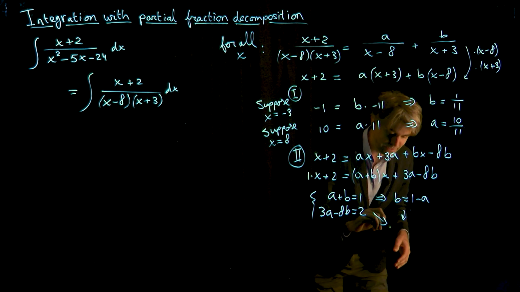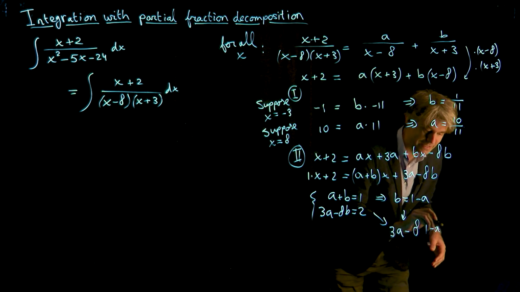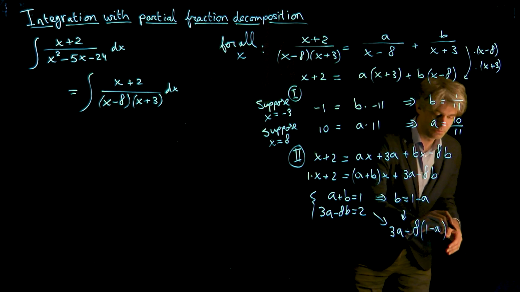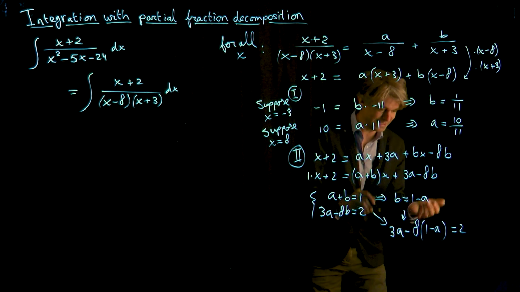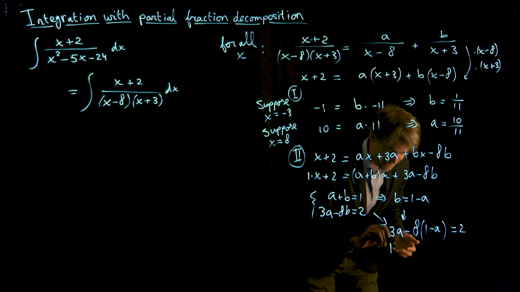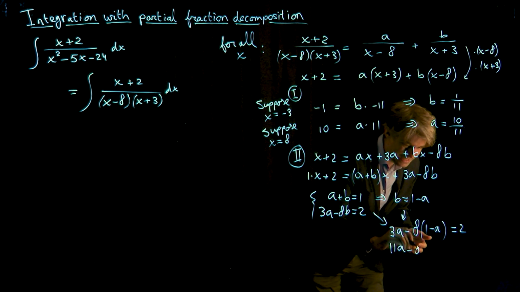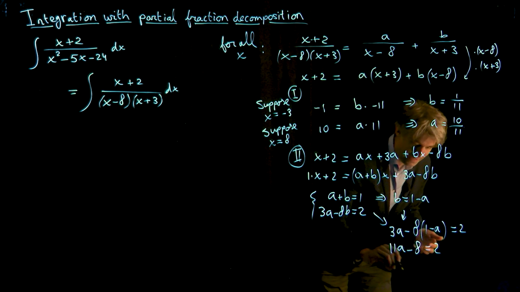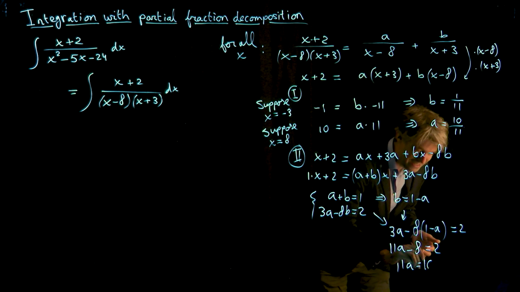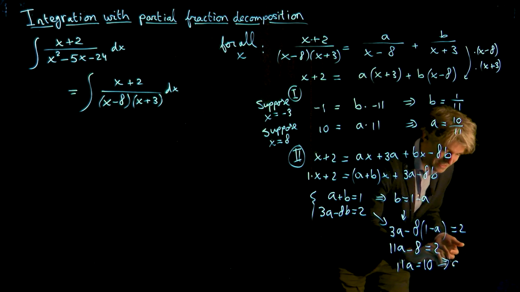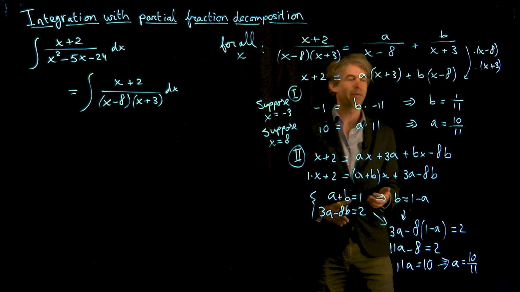I get 3a minus 8 times 1 minus a equals 2. And it's a bit more work, right, than the other method, but at least no one has to be awake at night about these methods. I get 11a minus 8 equals 2, and then I get 11a equals 10, and a equals 10/11, which is fortunately the same answer that we had before.